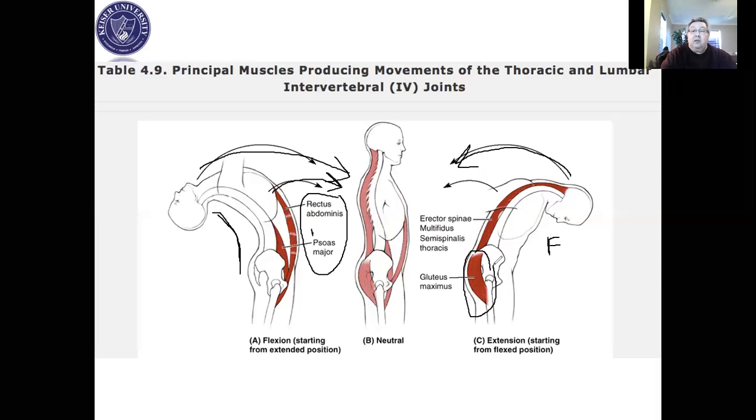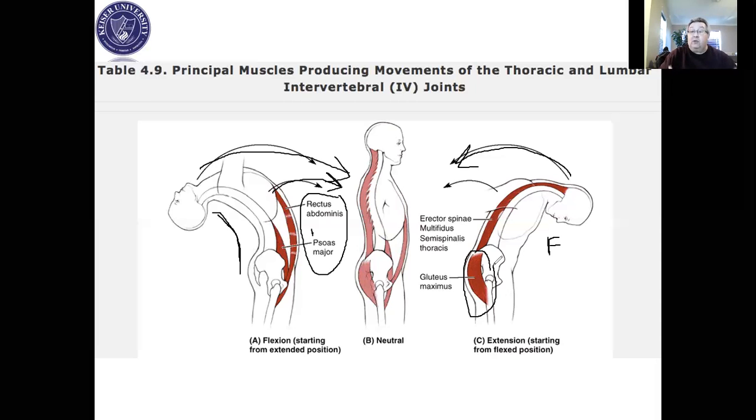So in order to go forwards and flex, we need muscles on the anterior side to contract, hence the rectus abdominis and the iliopsoas.